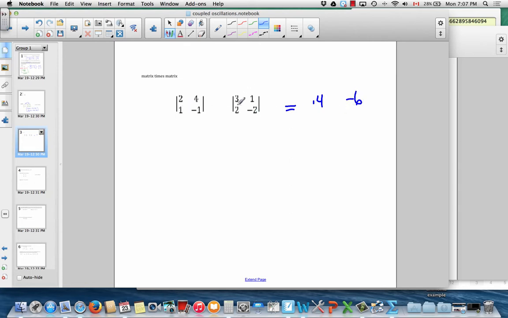Then across the second row and down the first column, 1 times 3 minus 1 times 2, that's 1. Then across the second row and down the second column is 1 plus 2 is 3. So again, this is a 2 by 2, this is a 2 by 2. Those have to be the same, and the answer ends up being a 2 by 2.